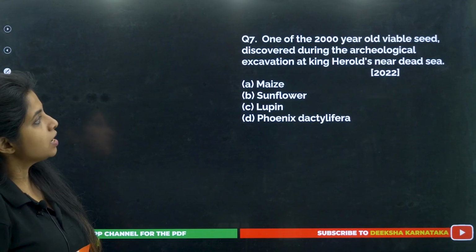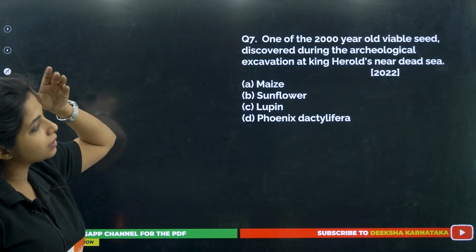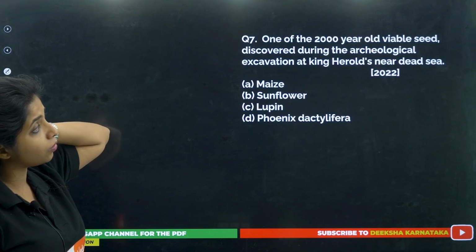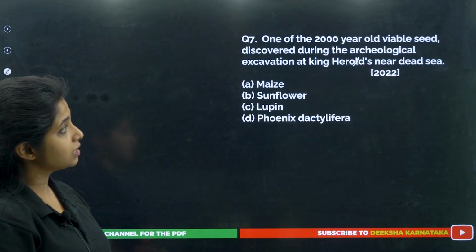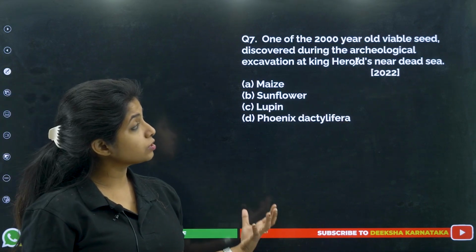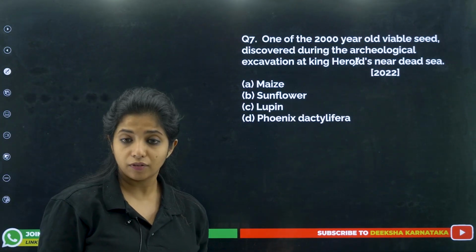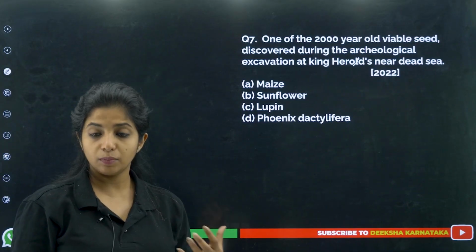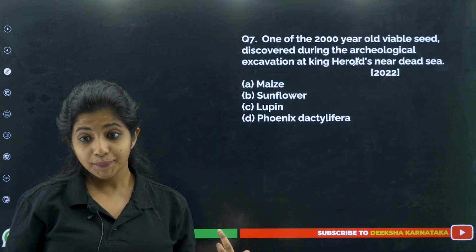Yeah. Next, one of the 2000-year-old viable seeds discovered during the archaeological excavation at King Herod's, near the Dead Sea, was what? So there was a 2000-year-old viable seed which was still able to germinate. What was that seed belonging to? It belonged to date palm. Do you know the name?